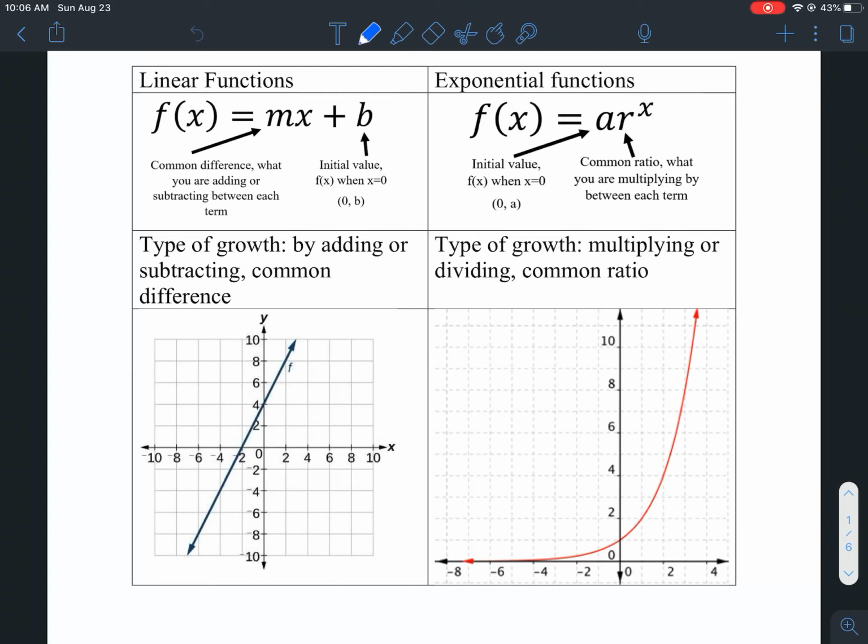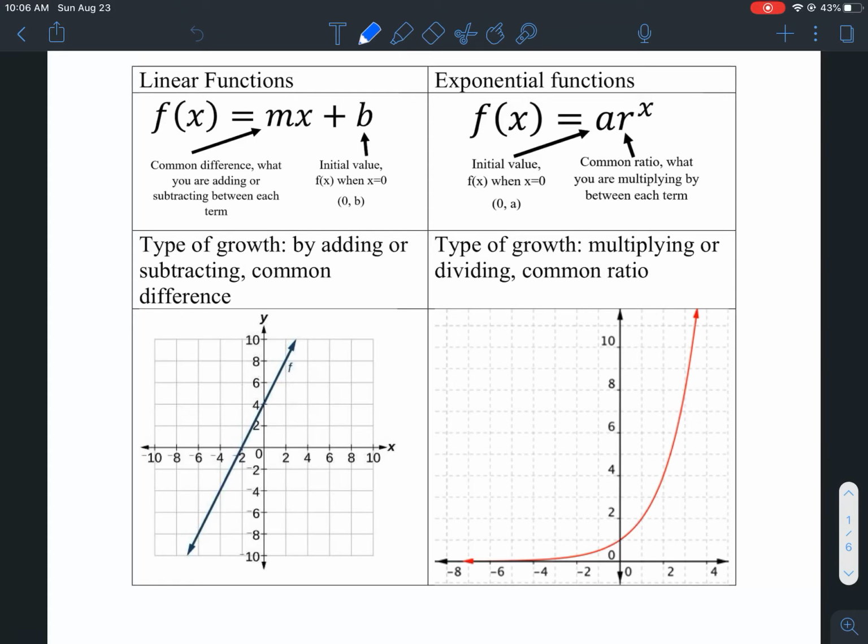To start out with, I made a short little summary sheet to show you the difference between a linear and an exponential function. These should look fairly familiar to you. With a linear function, we have the form f of x equals mx plus b, where m is your slope or your common difference. It's what you're adding or subtracting between each term.